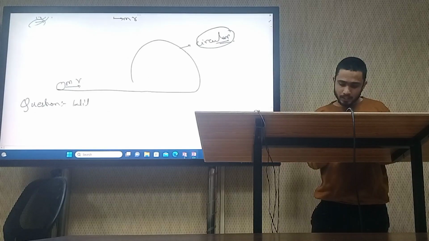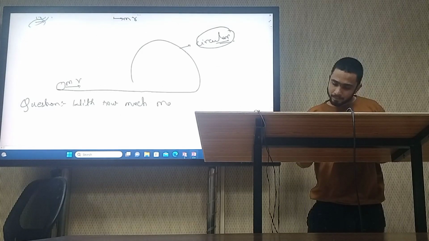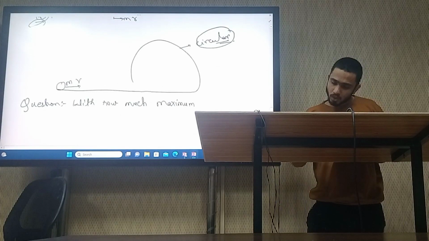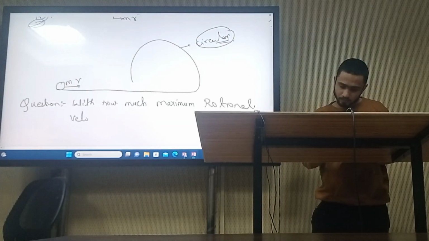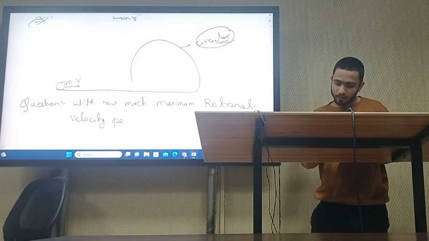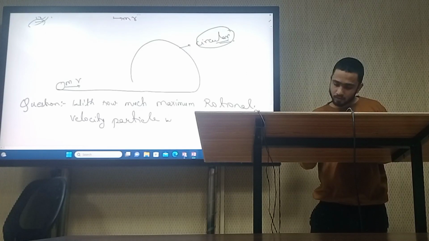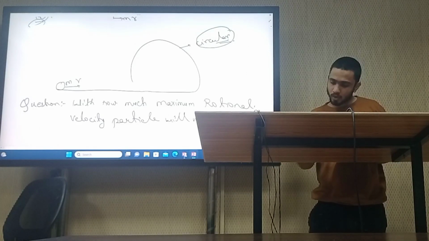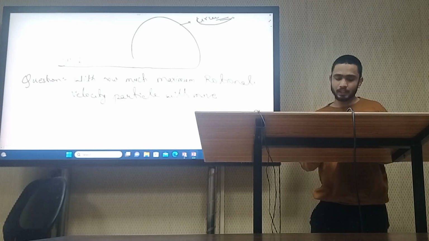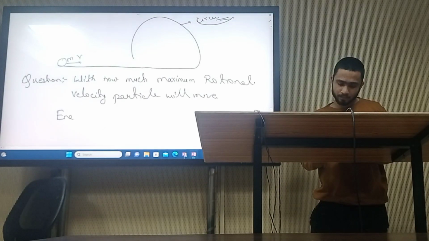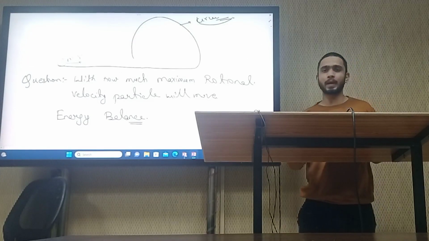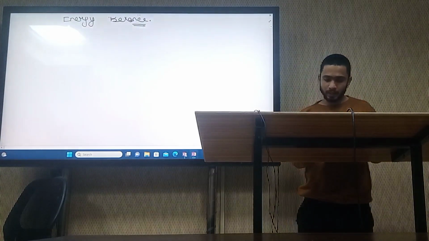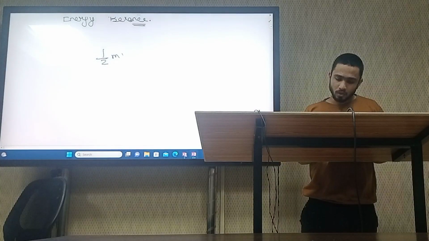So the question is, with how much maximum rotational velocity will the particle move. It will be nothing but an energy balance. We will do the energy balance here.